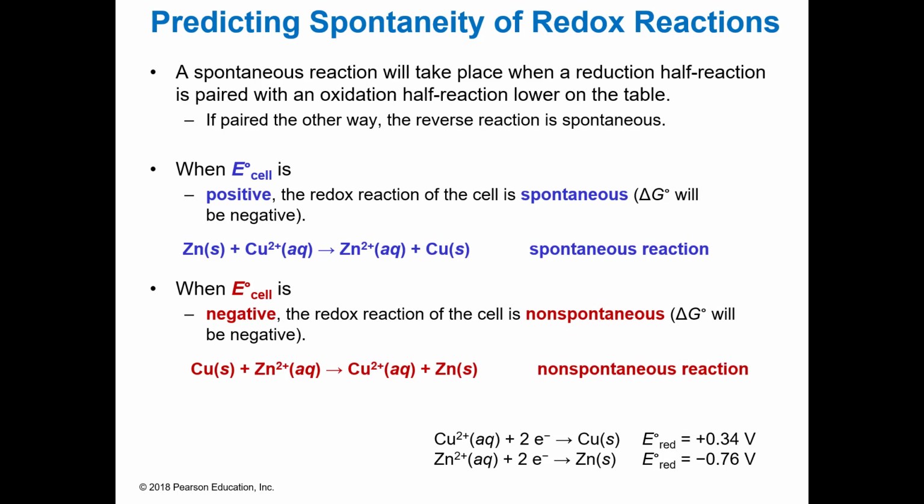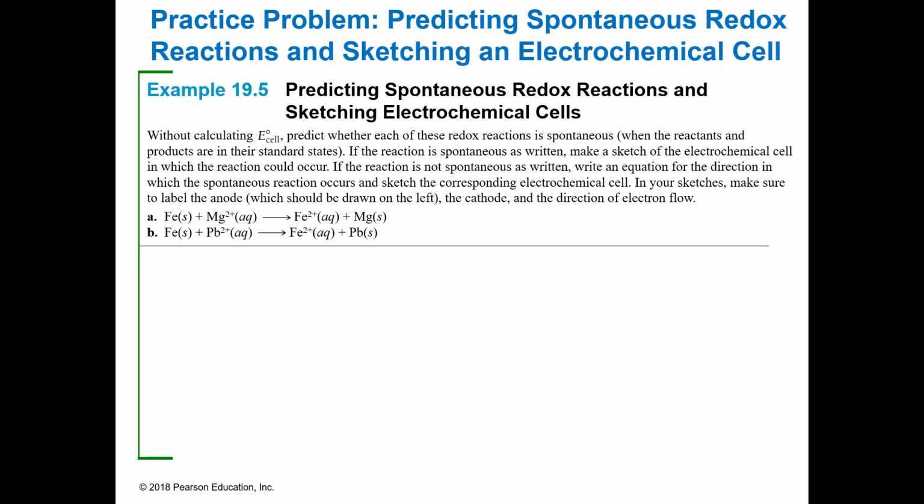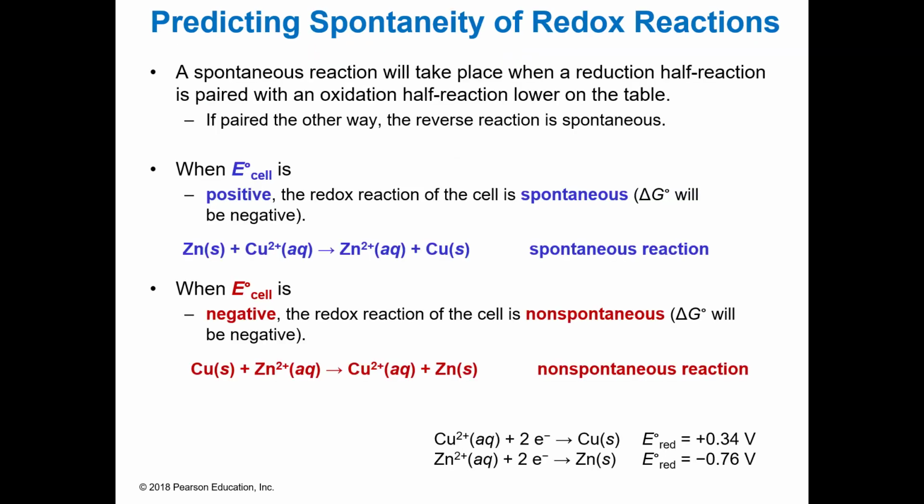When the standard cell potential is positive, we know that the standard Gibbs free energy has to be negative. So they give us an example of a reaction we've already done over and over. Zinc being oxidized, copper 2 positive being reduced. It has a positive standard cell potential, and it's also a spontaneous reaction because delta G, the standard Gibbs free energy, is negative, and we know this is a battery.